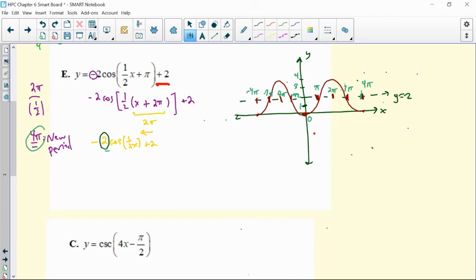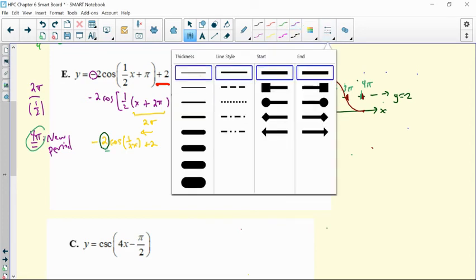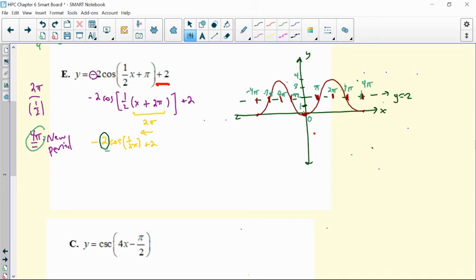And you've already kind of seen this probably, or you already thought about this. Shifting it to the left 2 pi units, there are multiple ways I could be shifting these, both to the left and the right, to obtain the exact same graph. For example, I'll go back to blue here. So if I'm shifting this to the left 2 pi units, this start here is now going to be here, right?